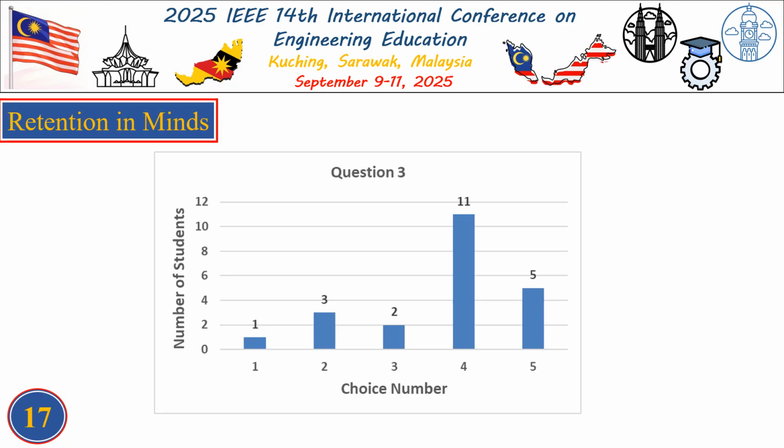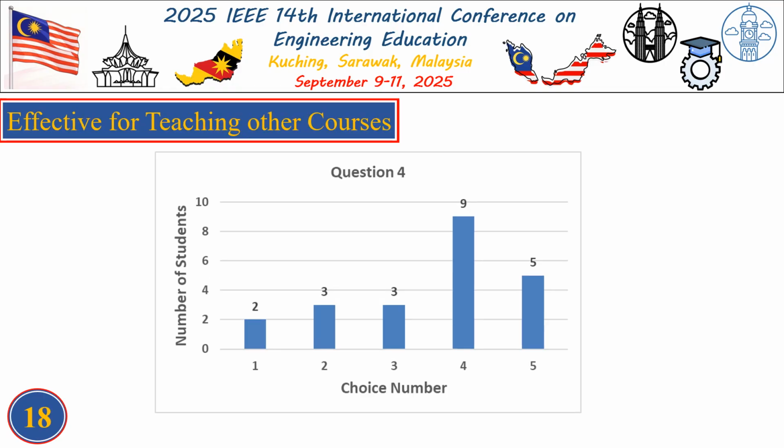Survey results revealed that most students were able to easily recall the details of the simulated model and found complex control system concepts more comprehensible. Transforming abstract concepts into tangible objects helped students better understand and retain the material, making it more memorable. This method was also seen as an effective tool for teaching other courses.